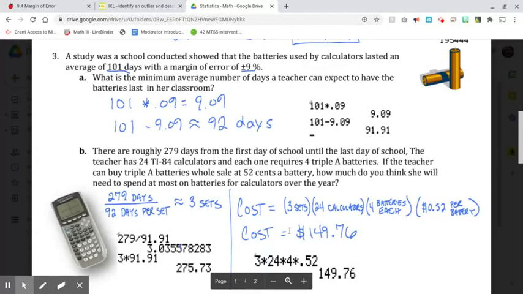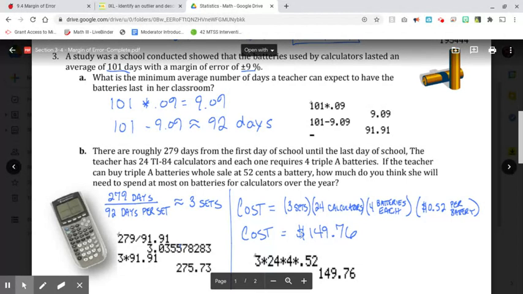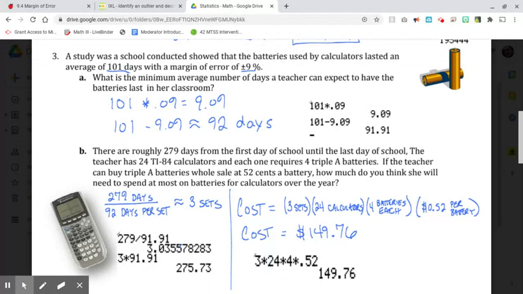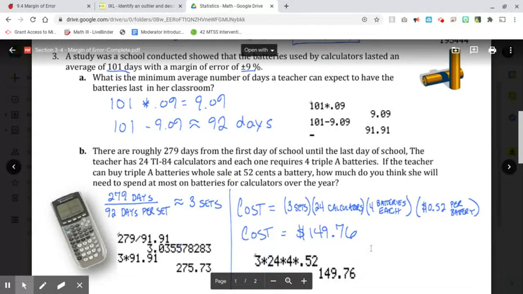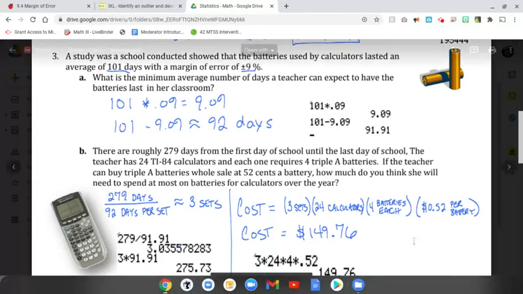If we multiply all that together, we get about $149.76. So she's going to end up spending about $150 on batteries to make it through that year.